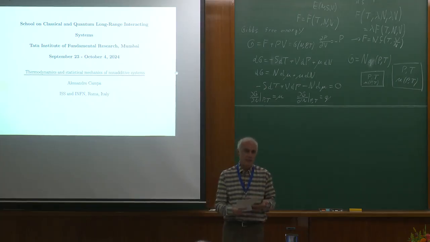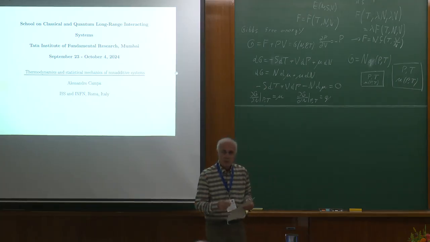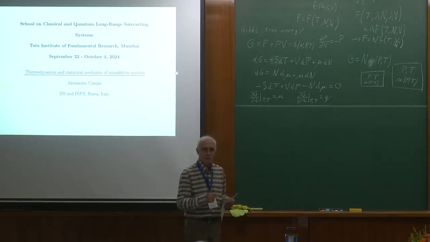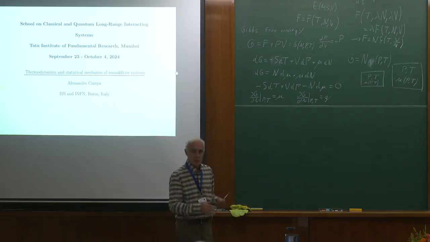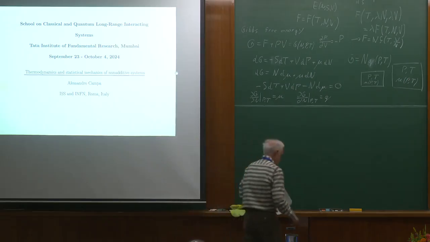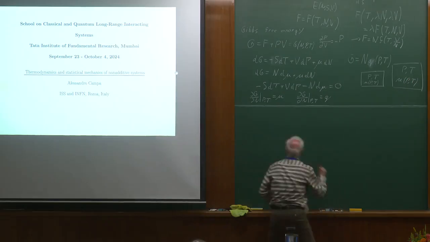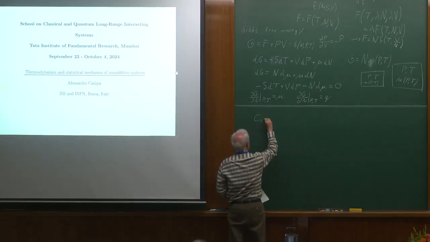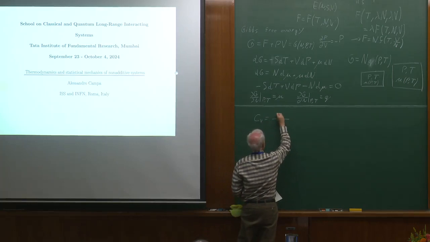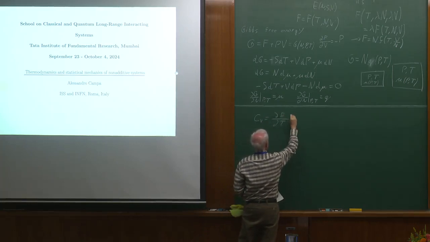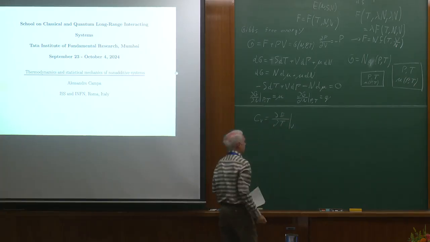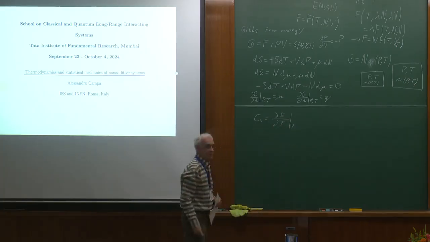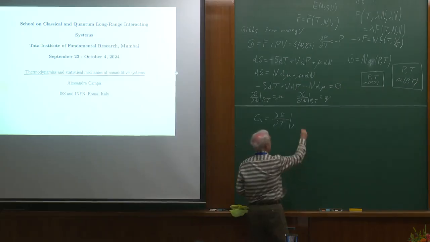For example, the most typical example is the specific heat. How is the temperature going to change when you change the energy of the system? So, for example, this is the typical example that is given: the specific heat at constant volume. This for additive systems is always positive.